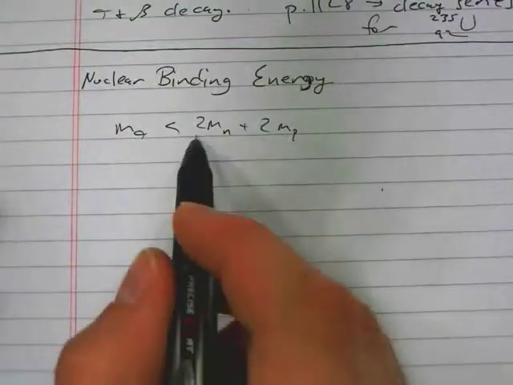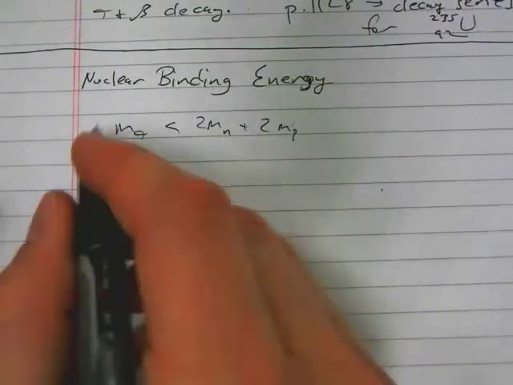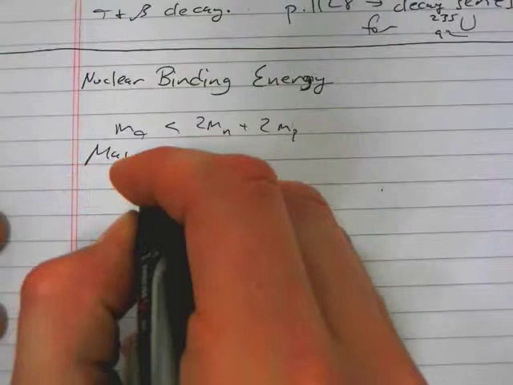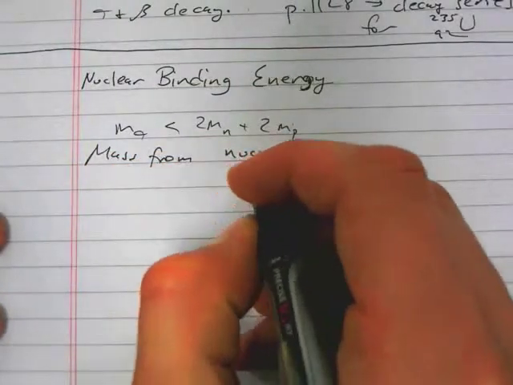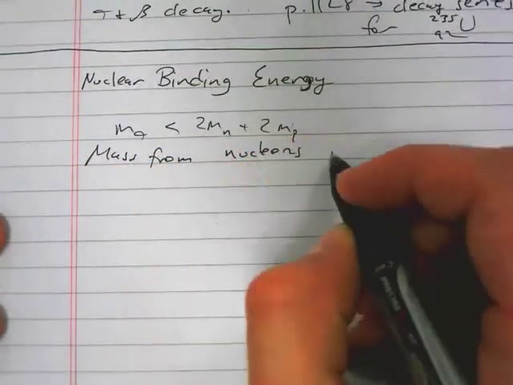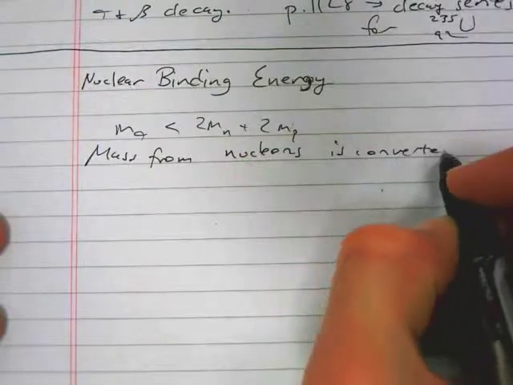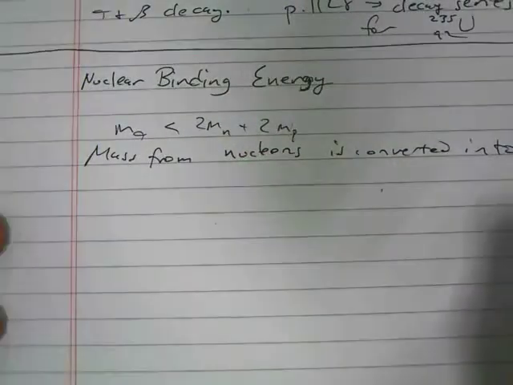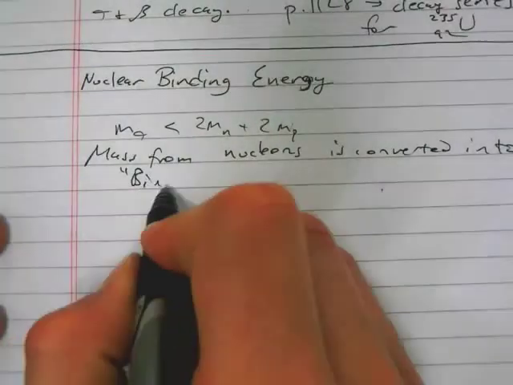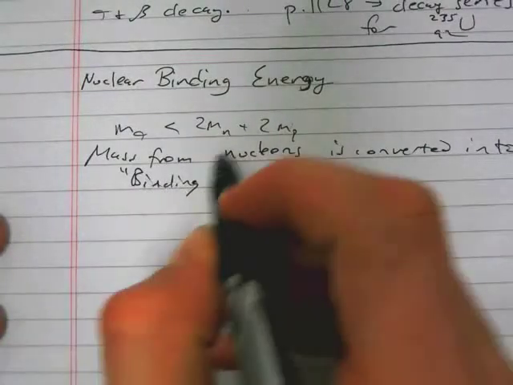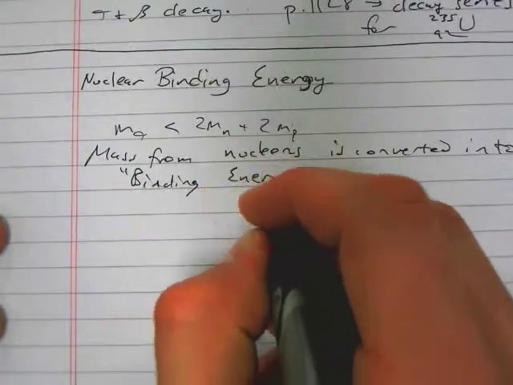Some of the mass from those particles, the nucleons, is converted into energy. And that energy is called the binding energy because it is contained within the bonds inside the nucleus.